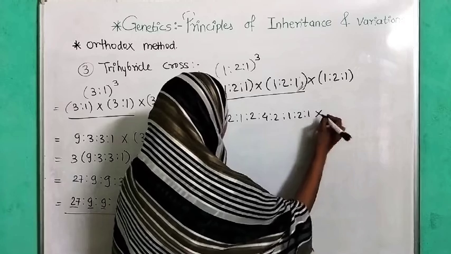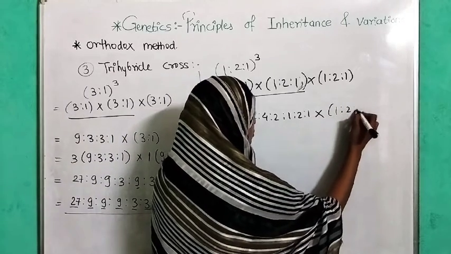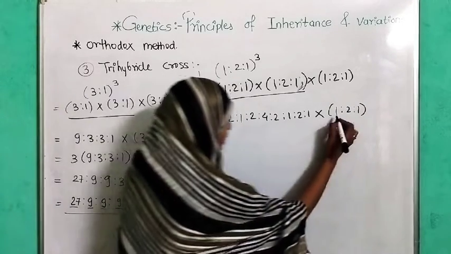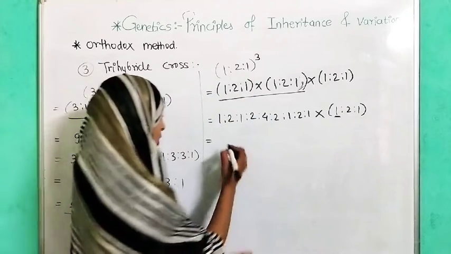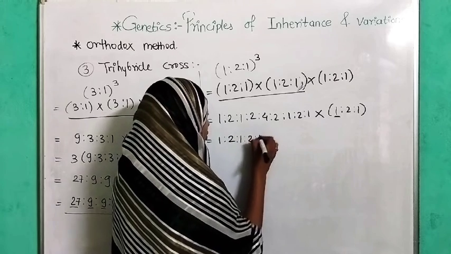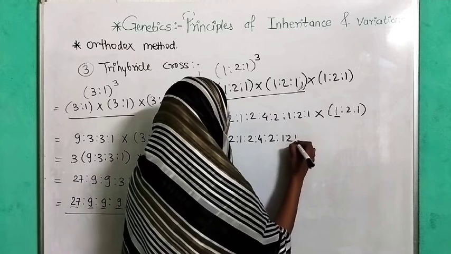We are going to multiply this value by 1:2:1. If we multiply it by 1, we get the same sequence: 1:2:1, 2:4:2, and 1:2:1.